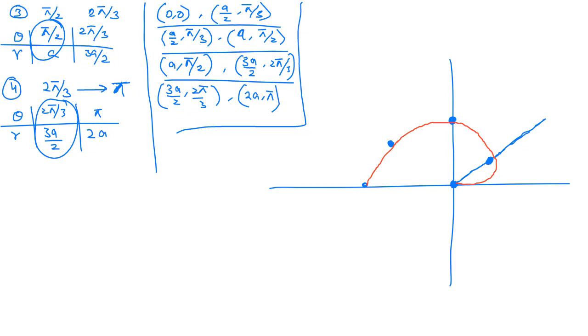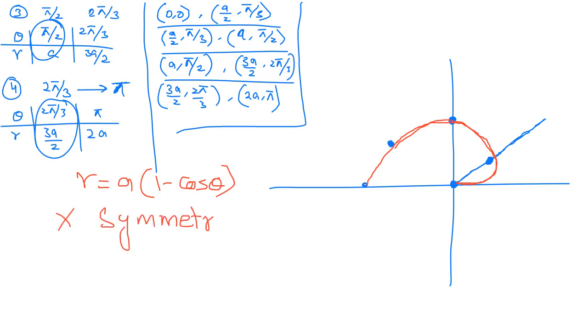This type of graph. Now you remember that this is the function r is equal to a into 1 minus cosine of theta. This is x symmetric, but not y symmetric, right?